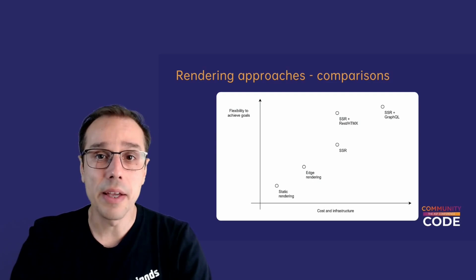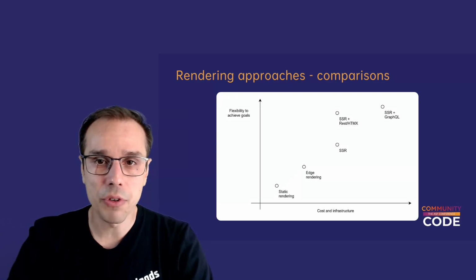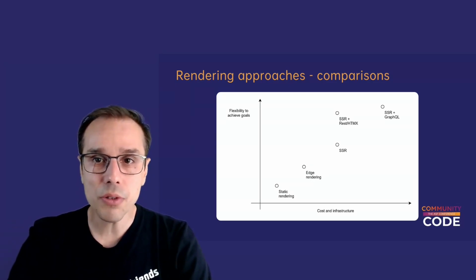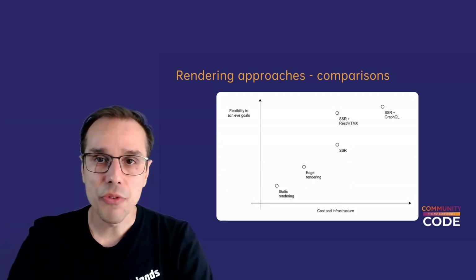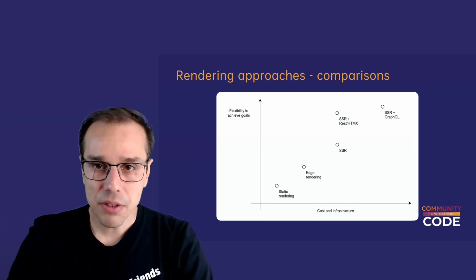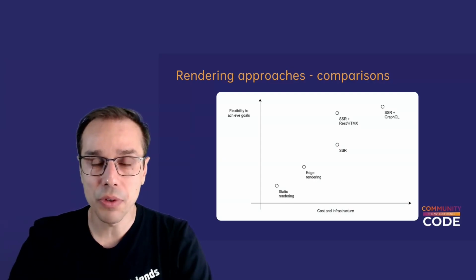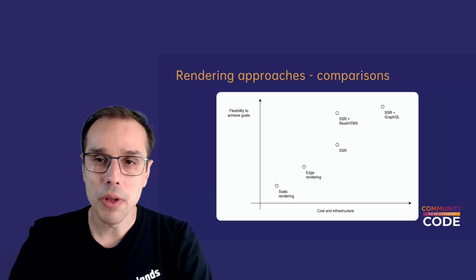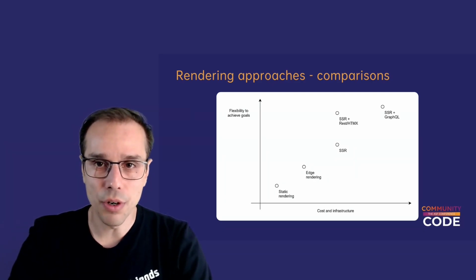in these two different systems. Now, server-side rendering is where, let's say, traditional development is at. Significant cost and infrastructure, and you can achieve most things with server-side rendering. Of course, if you add client-side REST enhancement or HTMX, you do not necessarily have additional cost because you can serve those with the same resource sources, but you have a lot more flexibility to achieve your goals by composing your pages on the client side. So personalization is much easier. Interactive web pages are much easier.